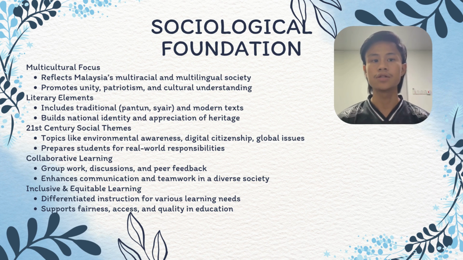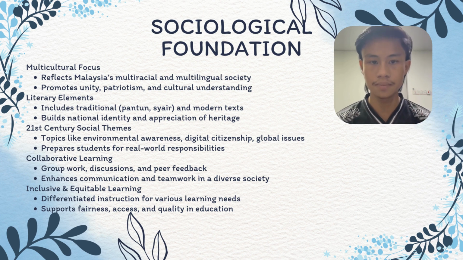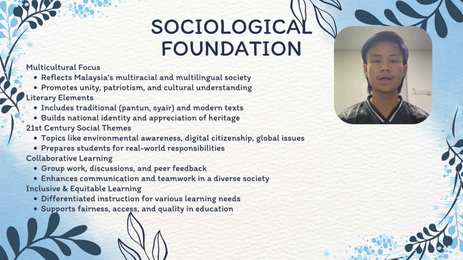Students learn traditional and modern literature like pantun, syair, and drama, which reflect our national identity and shared values. It also includes current social themes like environmental issues, digital citizenship, and global awareness, helping students become responsible and informed citizens.